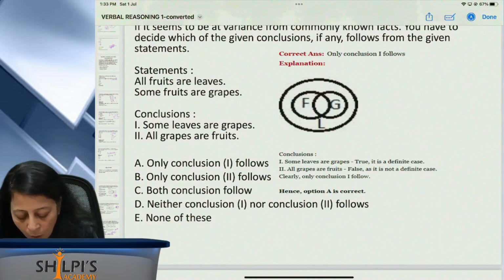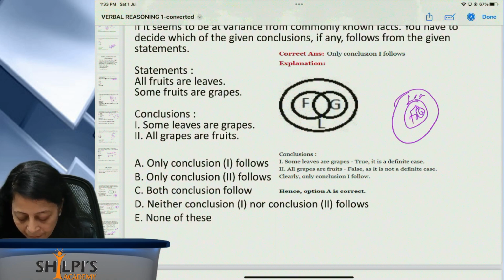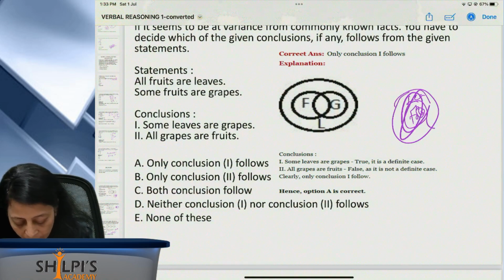Now goes, all the fruits are leaves, and all the grapes are fruits. Okay. Sorry, I think I've misinterpreted the conclusion here.